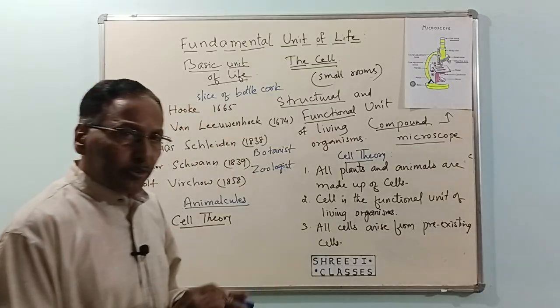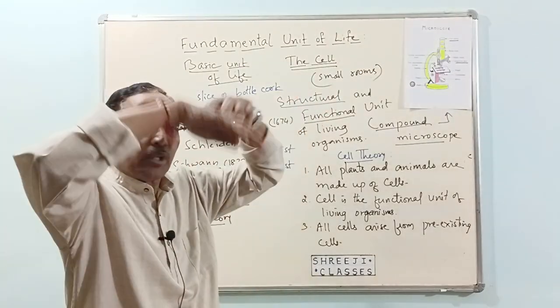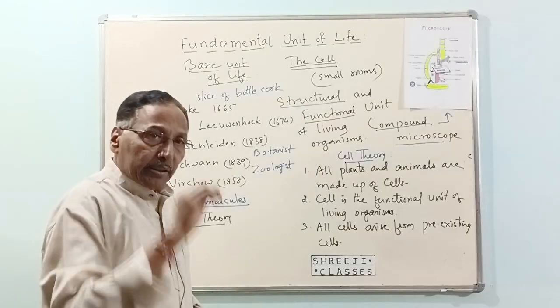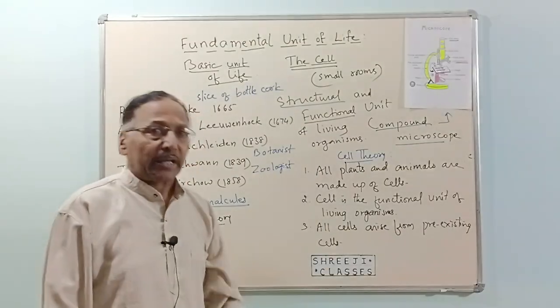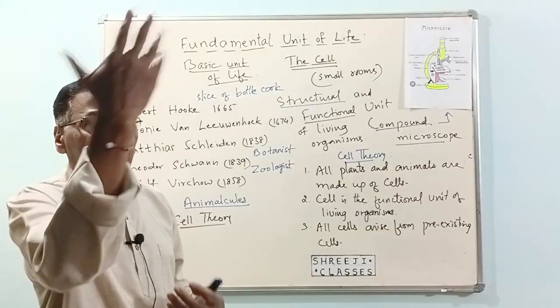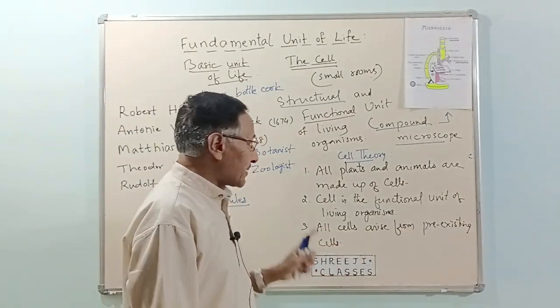Means what? Cells do not come spontaneously. They are not born spontaneously, something from nowhere, they don't come here. They are formed or produced by the living cells only. Only living cells can give rise to new cells. That is the meaning of all cells arise from pre-existing cells.